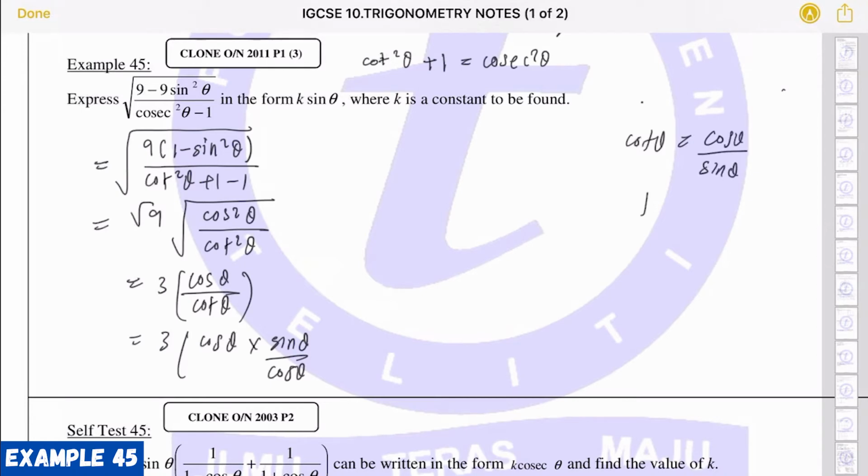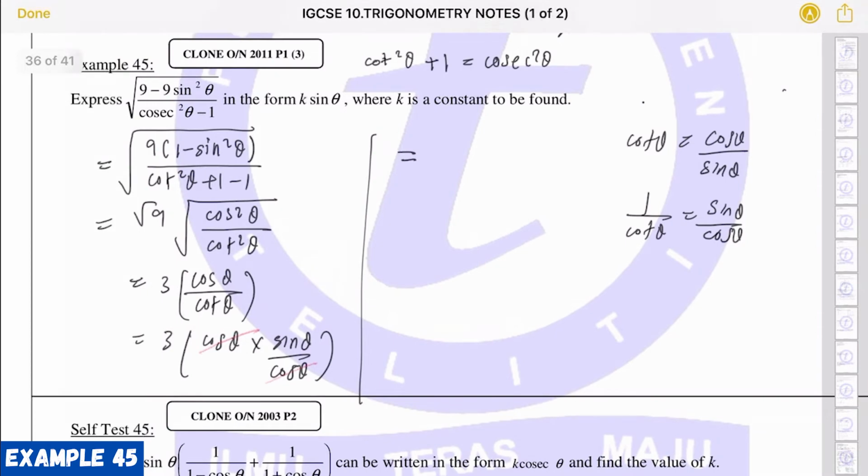But because you have 1 over cotangent, basically that's tangent. I invert this, it becomes sine over cos. And as I can cancel cos and cos, I'm left with 3 sine theta. And therefore, what is your k? K is 3. Alright?